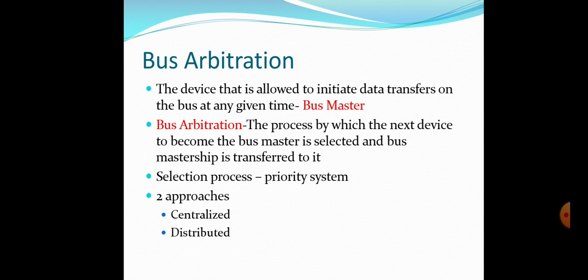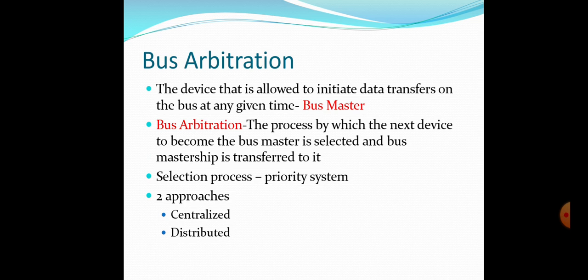Bus arbitration. Bus arbitration means it's a process of choosing a device to hand over the bus control. The device that is allowed to initiate data transfers on the bus at any given time is called the bus master. That means the device which holds the control of the bus.